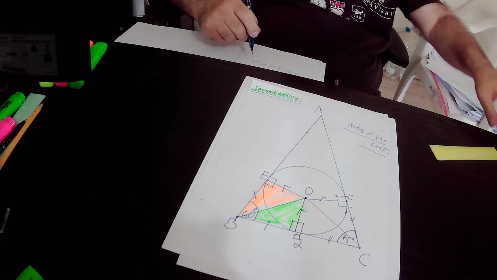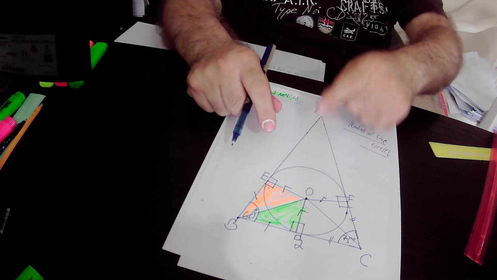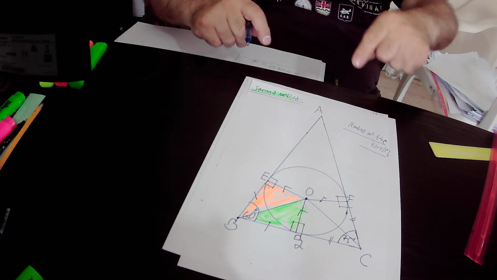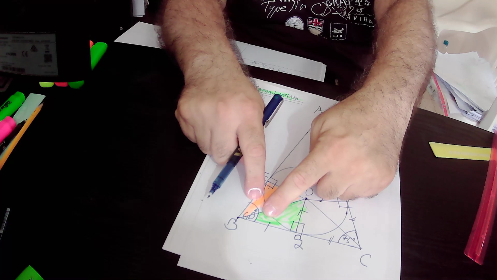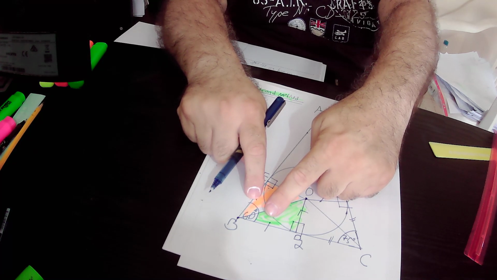And for the fact that those two triangles are congruent to each other, we conclude that those two angles are equal to each other according to the rule that corresponding angles in congruent triangles are equal to each other.